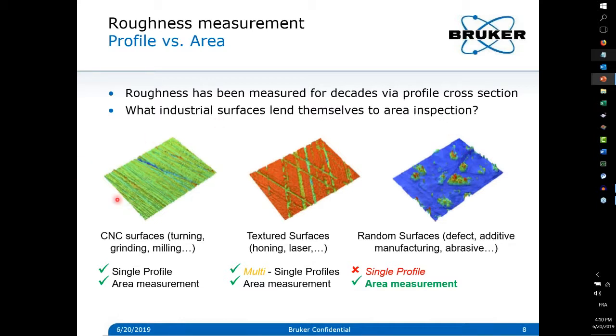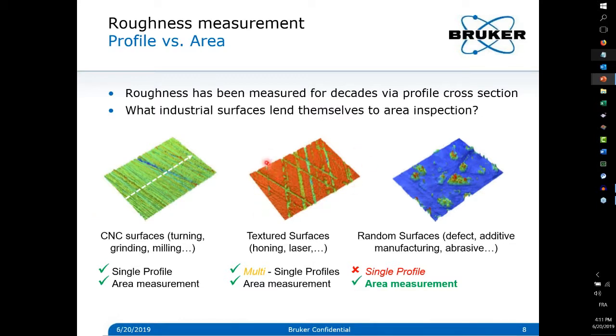So for CNC processes, a single line will definitely go across the surface and get a very high-fidelity reproduction of how the surface looks. The areal measurements can also give you this information, but there is no real need for areal measurements in that kind of specific application.